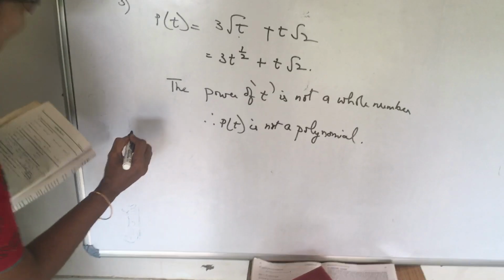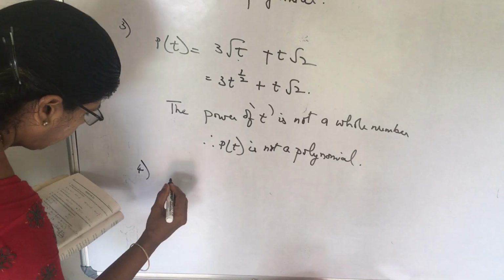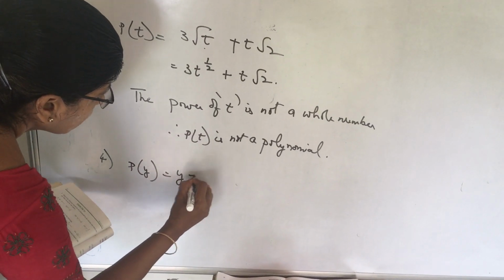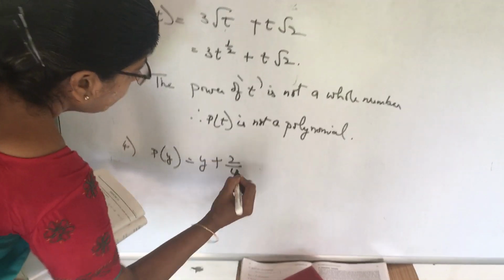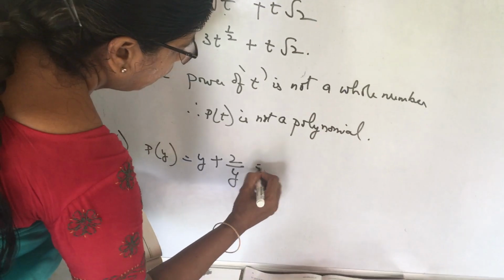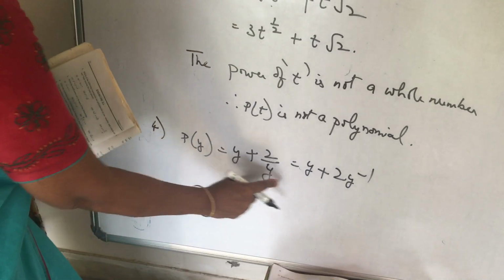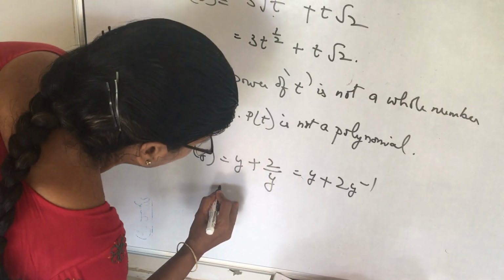Yes, coming to the fourth bit, children. The variable is y. P of y is equal to y plus 2 by y. If you write in power notation, what does it become? y to the power of minus 1.